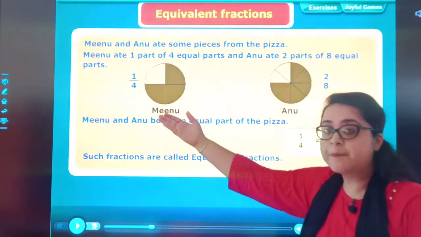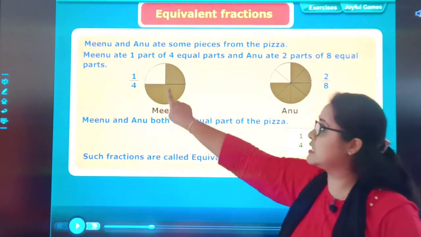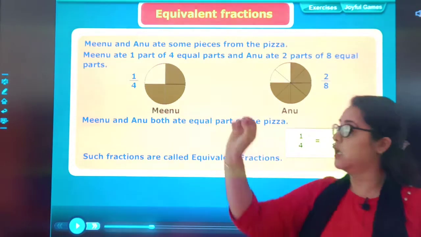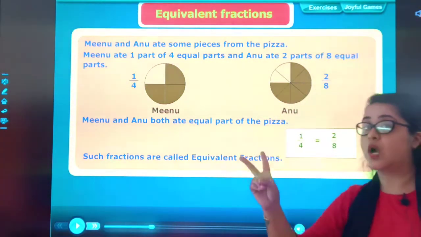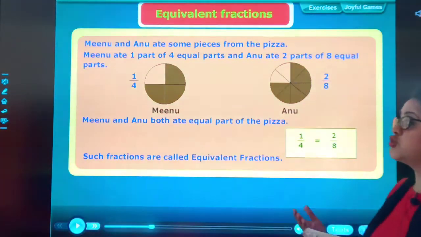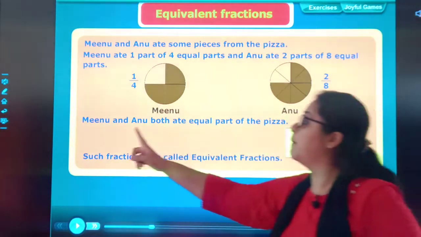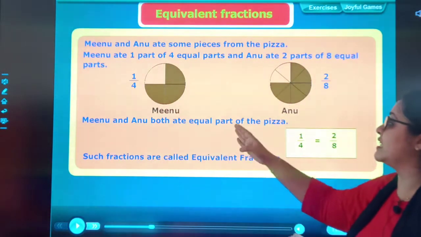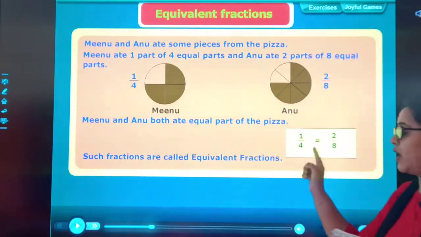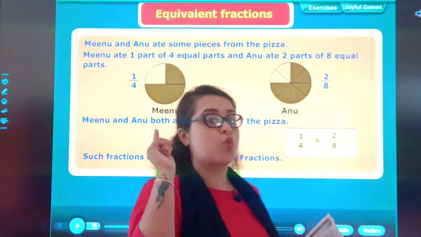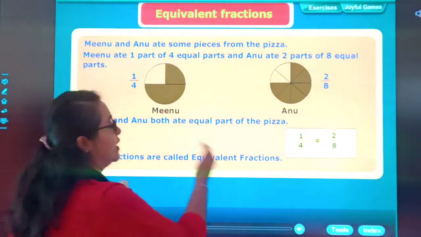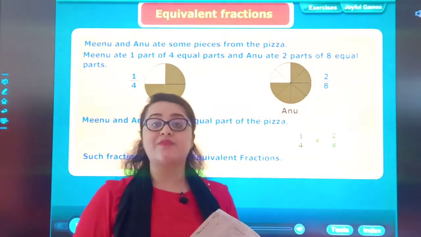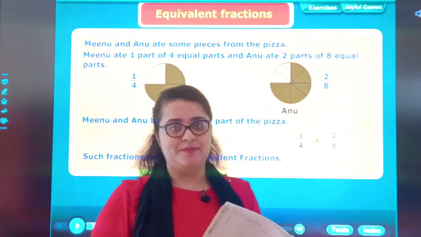You can see in the picture. जब 4 पीसेस थे तो मीनू ने 1 खाया. पीसेस भी ज्यादा हो गए तो उसने 1 की बदले 2 खाए. किसने? अनु ने. So we can say that Meenu and Anu both ate equal parts of pizza. 1 by 4 equals 2 by 8. These are equivalent fractions. Equivalent fractions means they are equal. Okay?